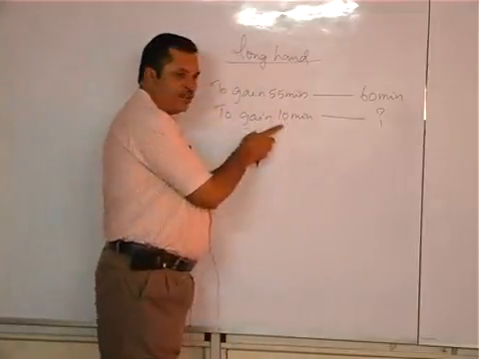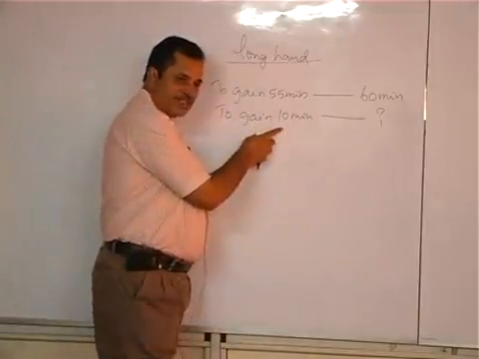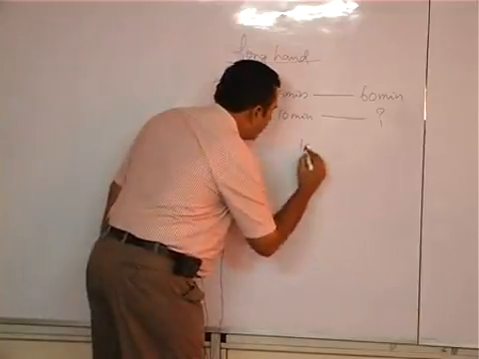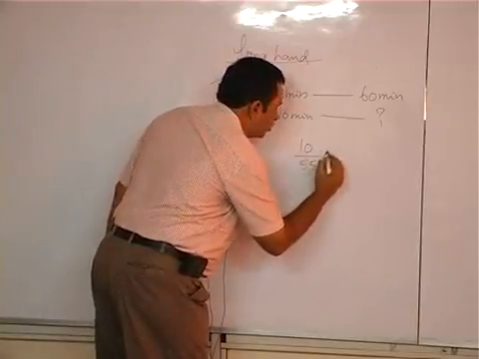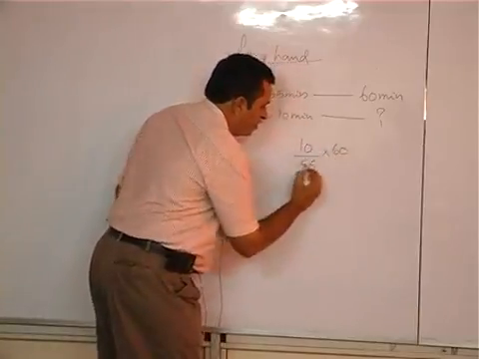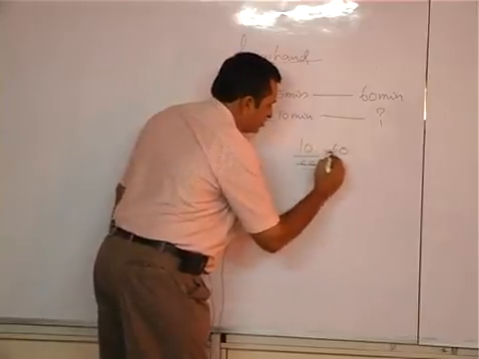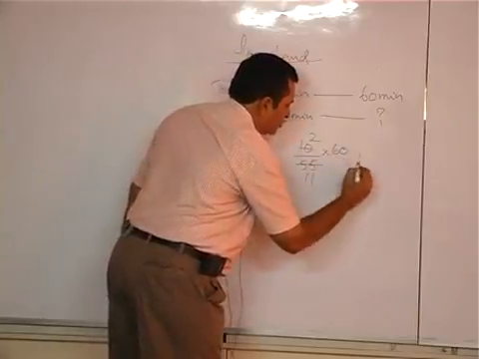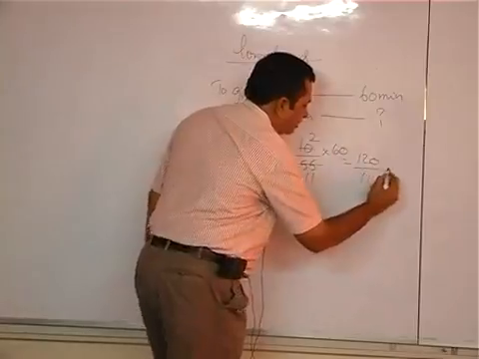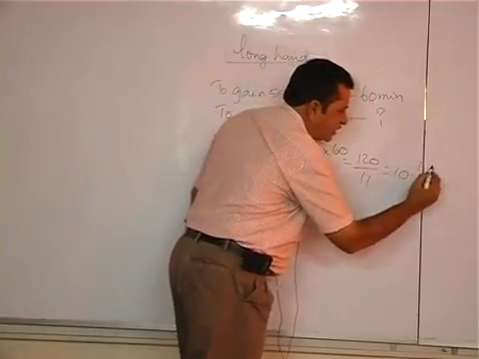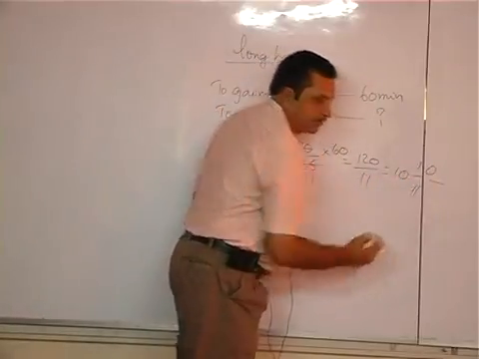Compared with 55, the value of 10 will be lesser. Less by more into 60. 5 11s, 5 2s. 120 by 11. That is 10 by 11.